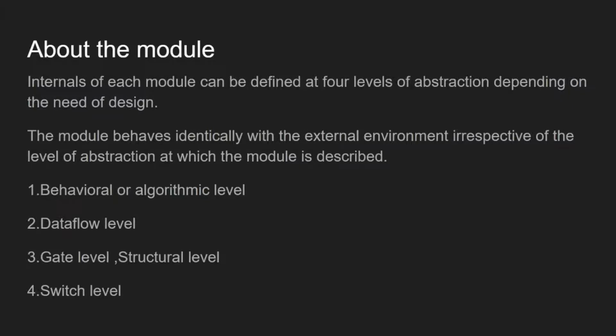In many ways, like you can just describe algorithmically the functionality, or you can create a gate level description for that. So it is what the abstraction means. You're just interested with the functionality. There are various levels of abstraction: higher level of abstraction, lower level of abstraction.